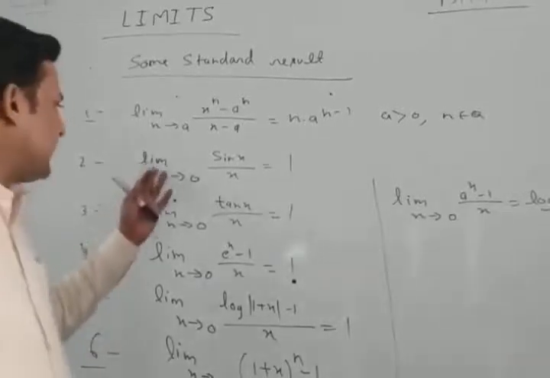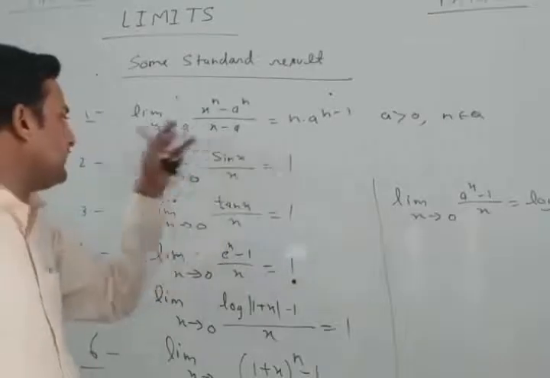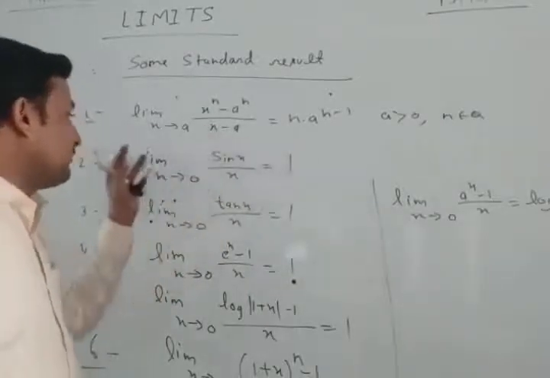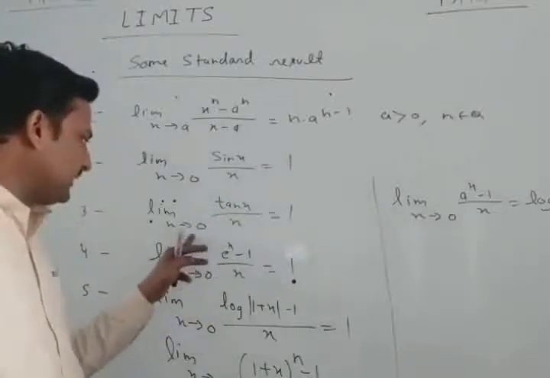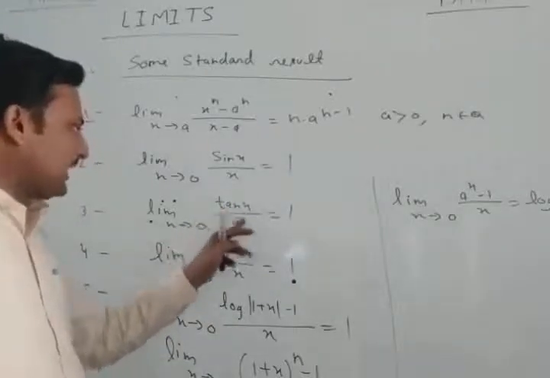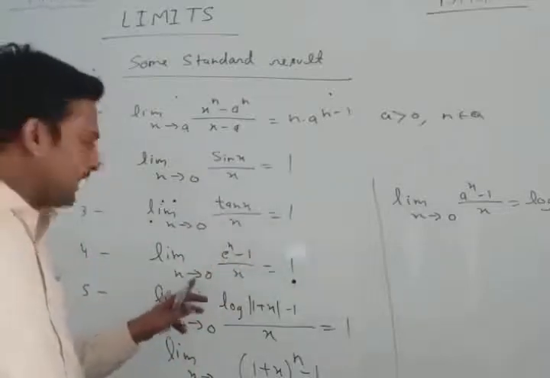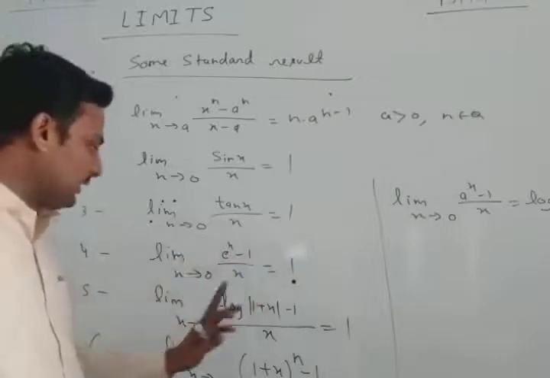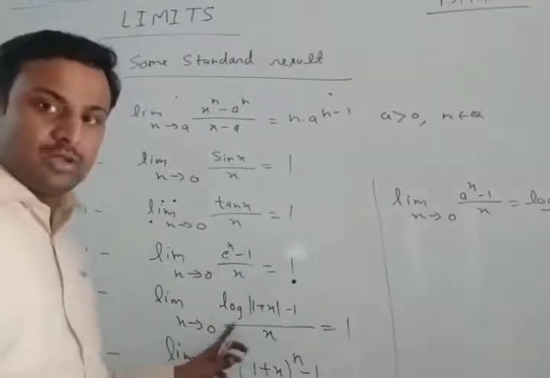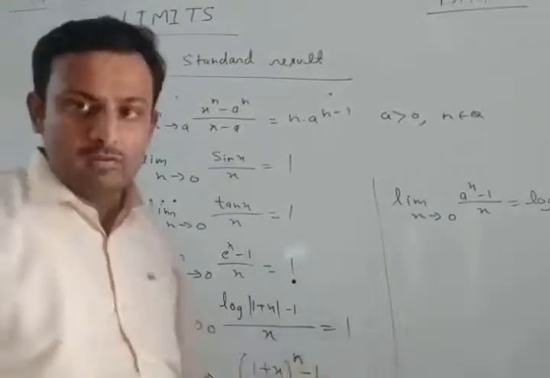Limit x tends to 0 sin x by x is equal to 1. If we see this quantity in the question, we will directly use 1. If we see this quantity, limit x tends to 0 tan x by x, we will directly use 1. If we see x tends to 0 e to the power x minus 1 by x, we will directly use 1. Limit x tends to 0 log(1 plus x) by x, we directly use what? 1.